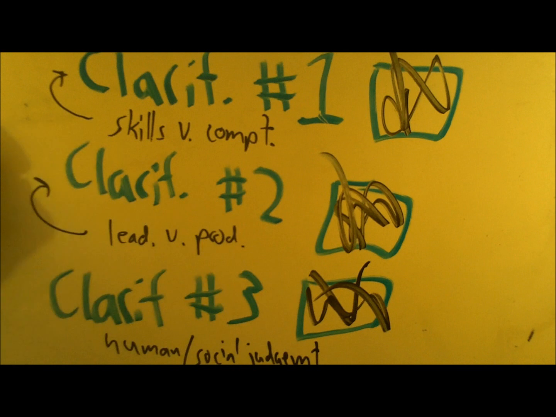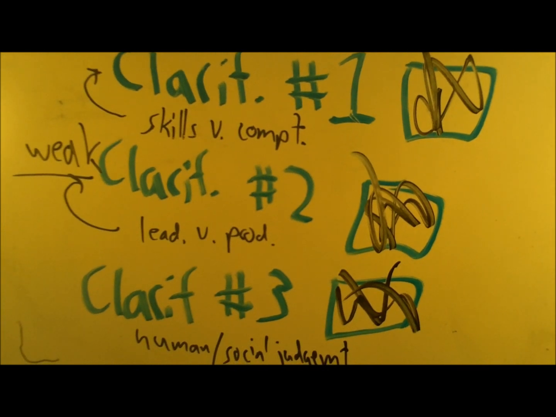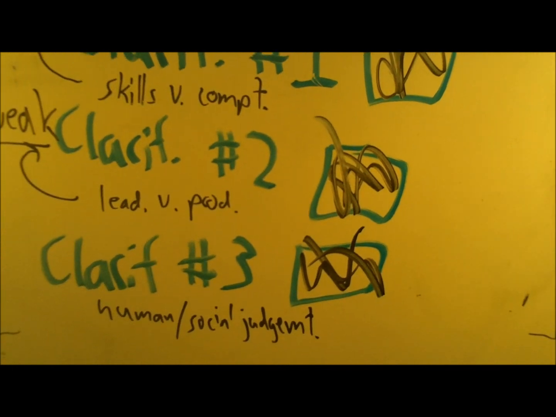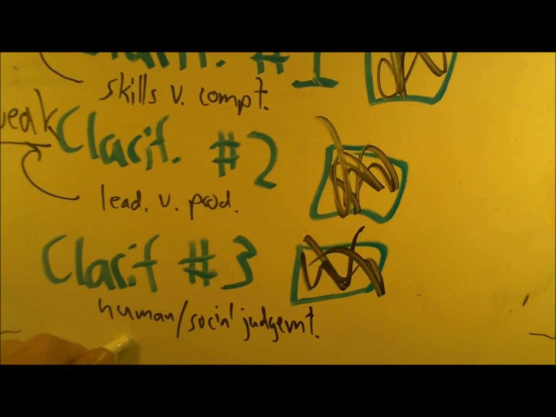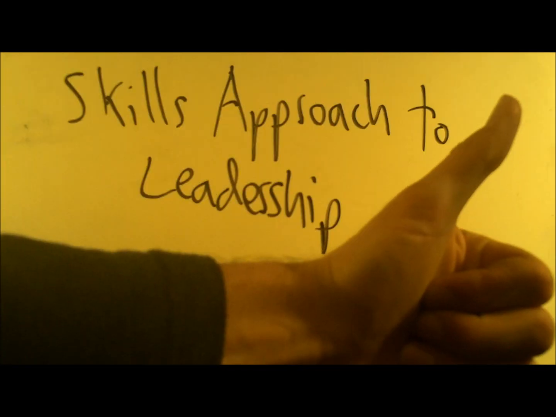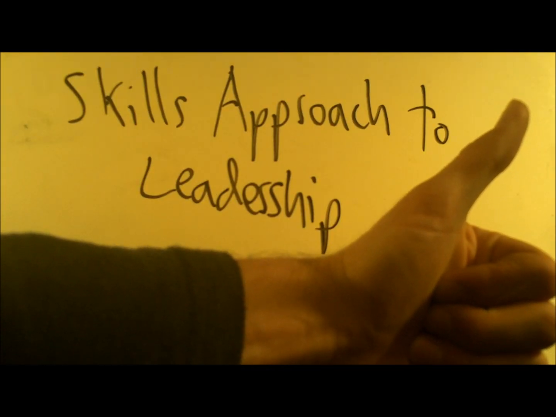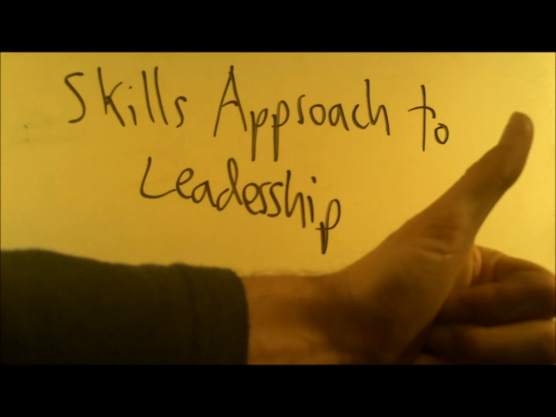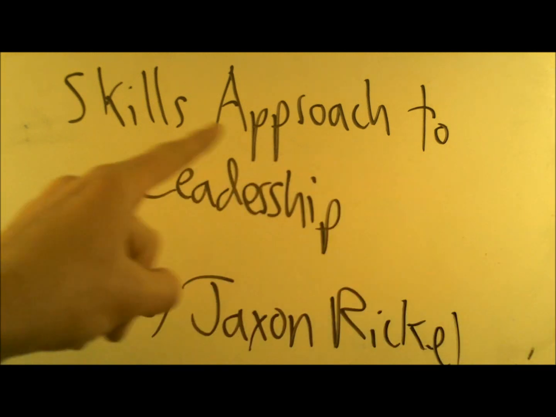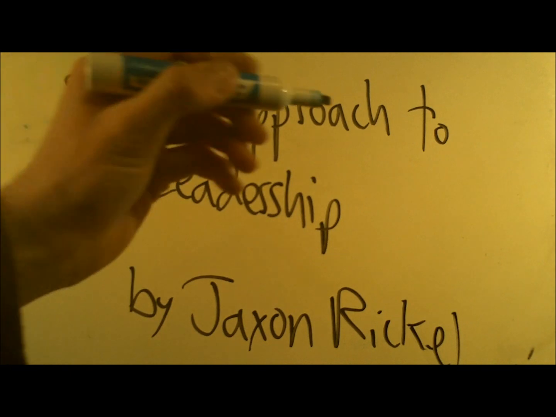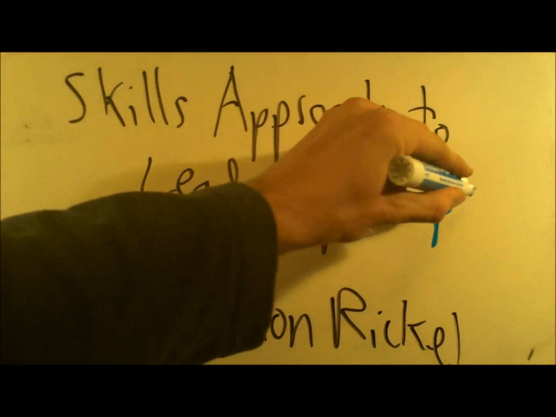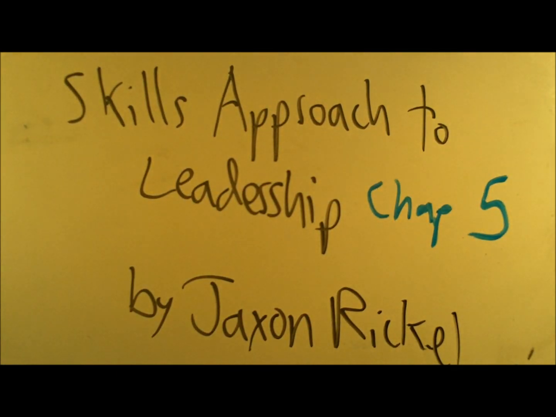And remember that this actually involved a weakness of the skills approach to leadership, and then clarification number 3, which involved human skills or social judgment, just putting forth some more examples. With that said, I hope you've enjoyed my production of a review and a supplement material for the skills approach to leadership found in chapter 5 of the online textbook.